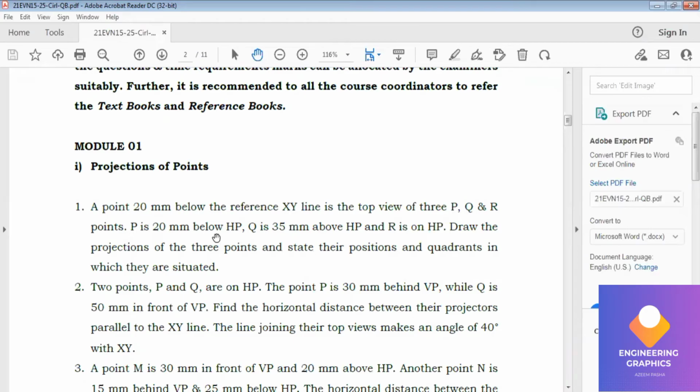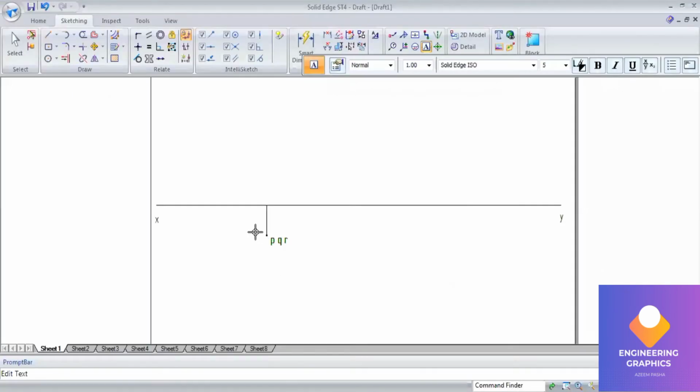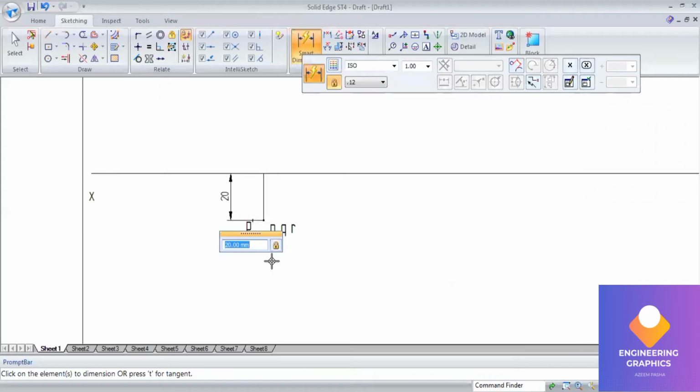In both cases the front view will be lying below the XY line, that is the VP plane. In the fourth quadrant it is lying below the XY line, and in the third quadrant we have HP above the XY line and VP below the XY line. So on the same point we are getting the front view P dash here, that is 20 mm.